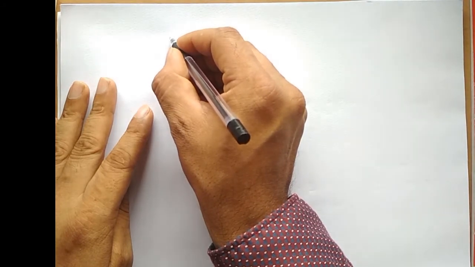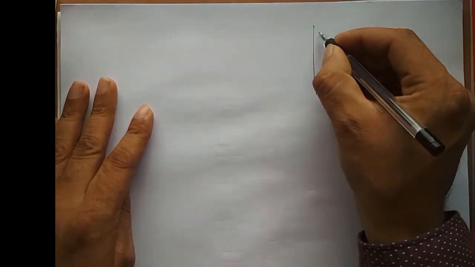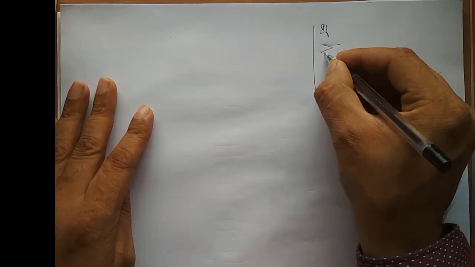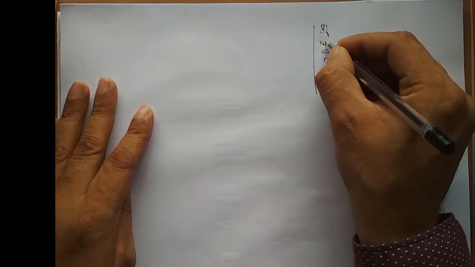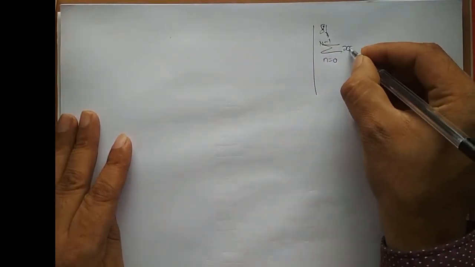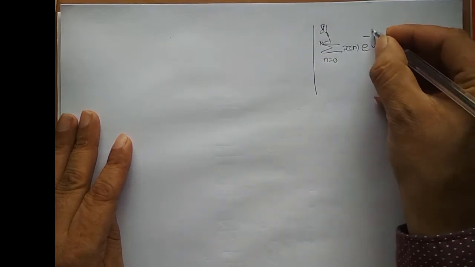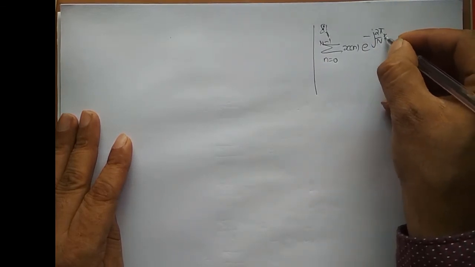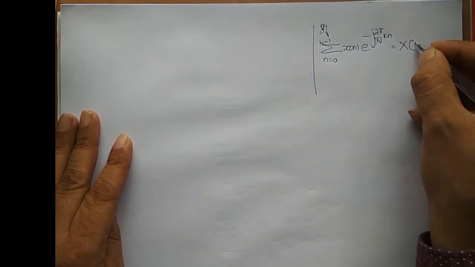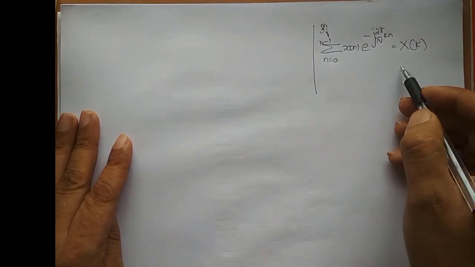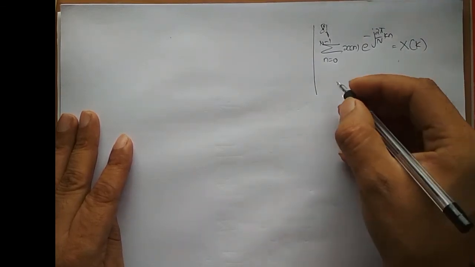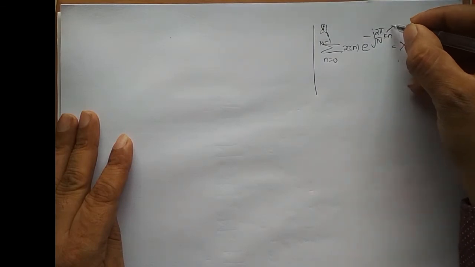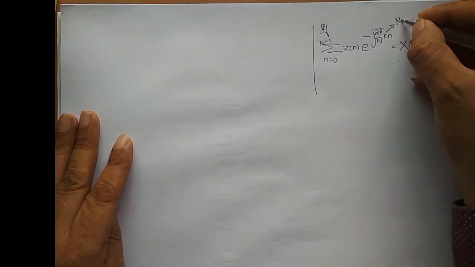Before going to the next step, see, summation n varying from 0 to n minus 1 x of n e power minus j 2 pi by n into k into n is equal to X of k, right? This we know, this is from the DFT equation. So instead of writing this k, I'll write it as n minus k.